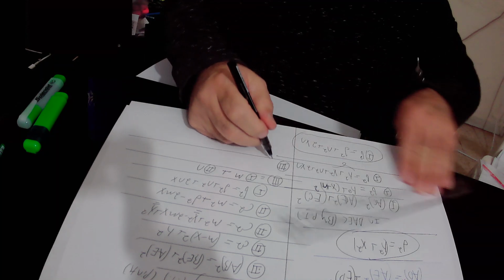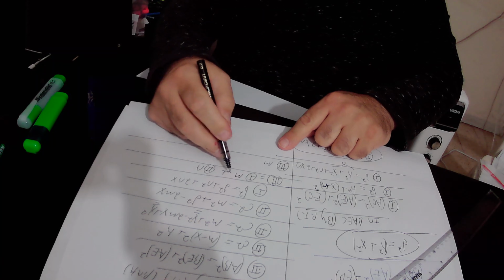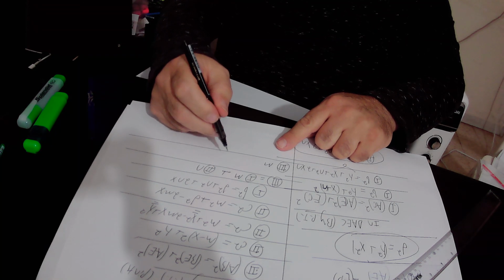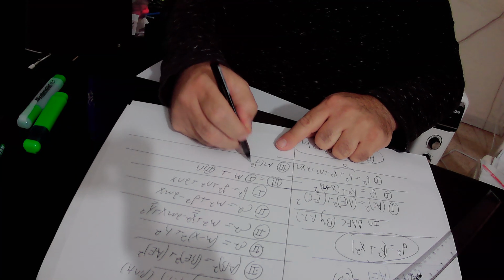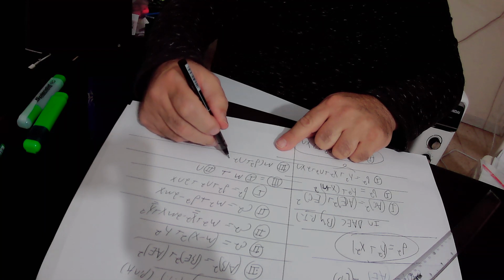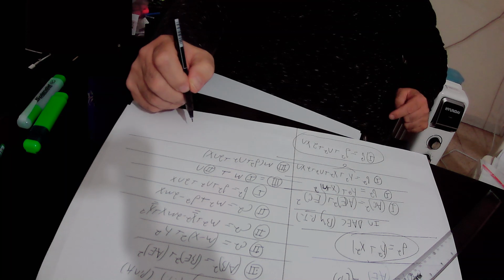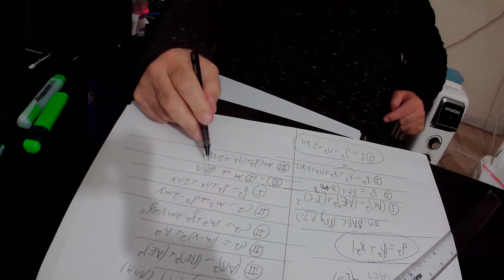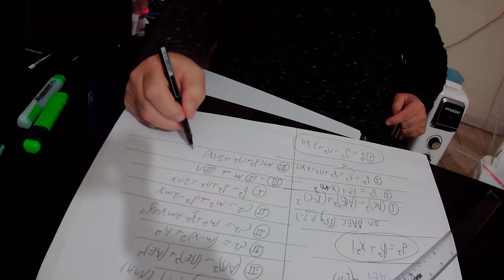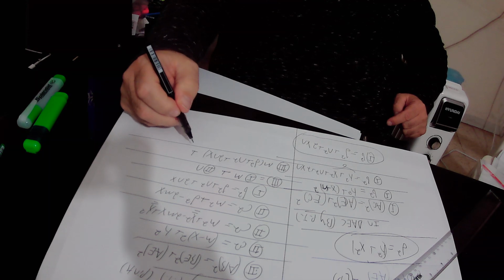m times, in equation number 1 we have d squared plus n squared plus 2nx. So we multiply equation number 1 by m. In the next step, we'll multiply equation number 2 by n, and we'll add the equations with each other.